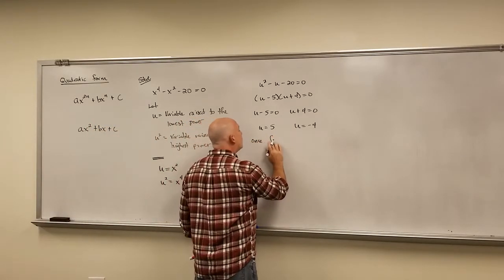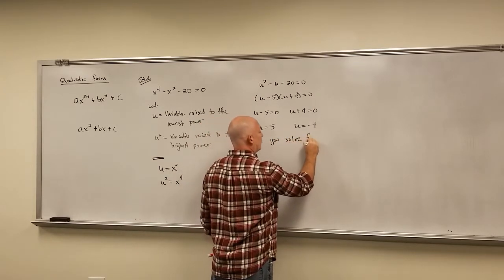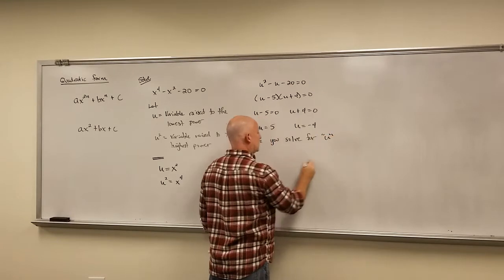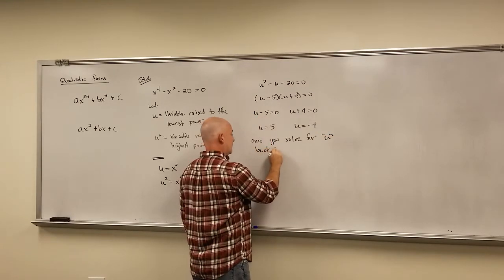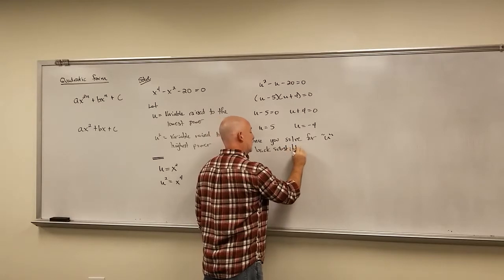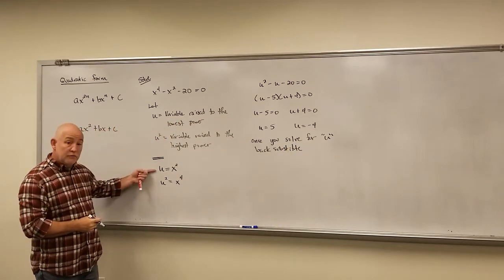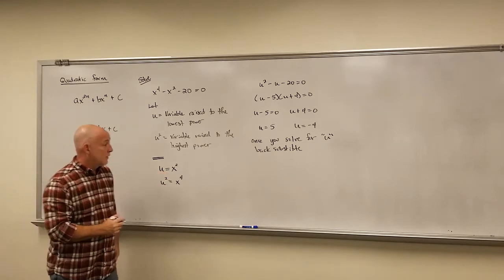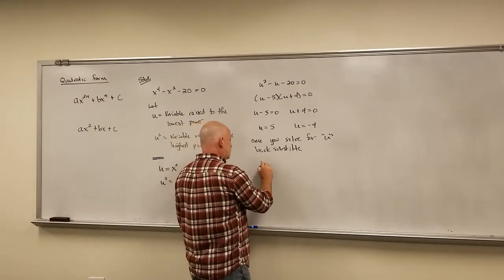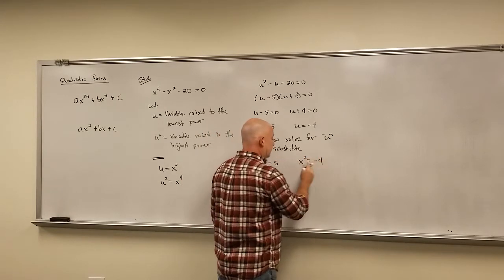Once you solve for u, you need to back substitute. Okay, so I'm going to put back what u equals. Originally we said u was equal to x squared. So here we get x squared is equal to 5 and x squared is equal to negative 4.